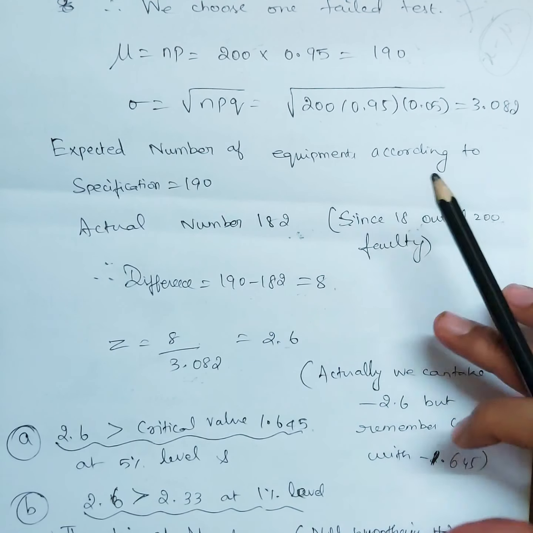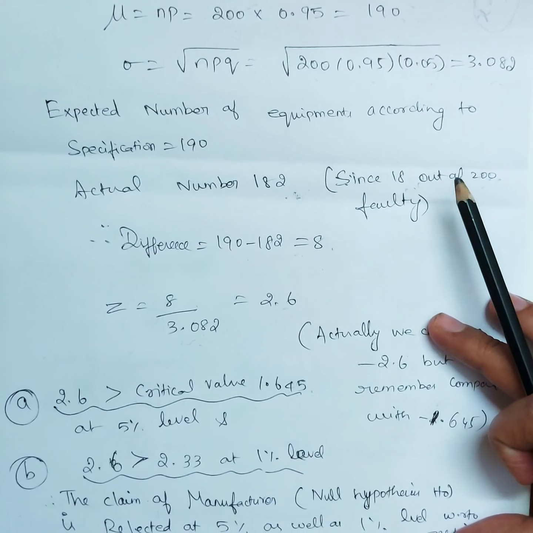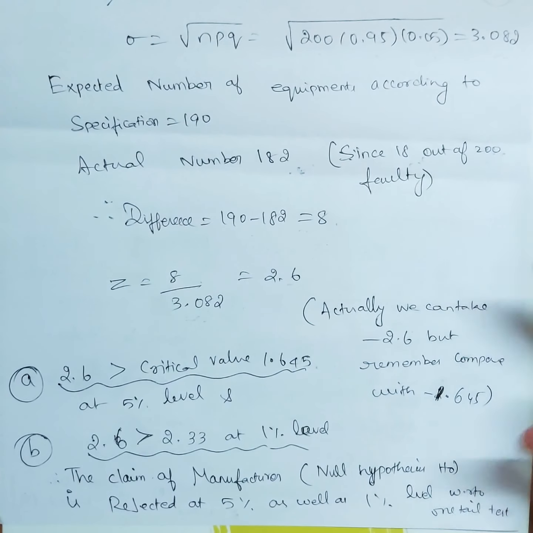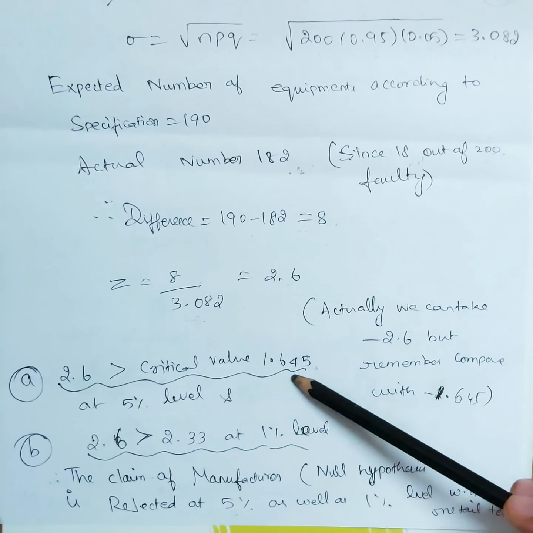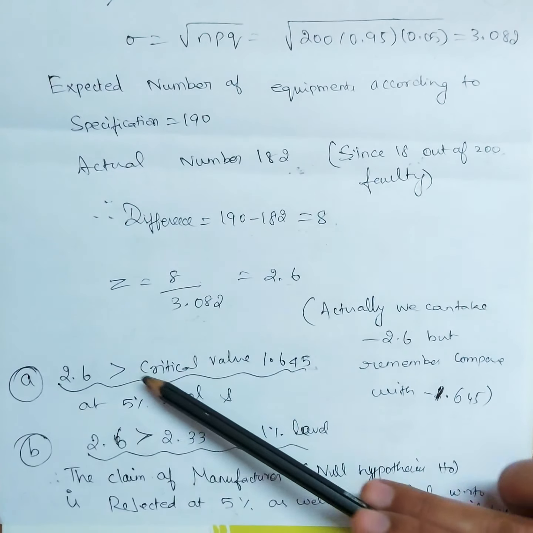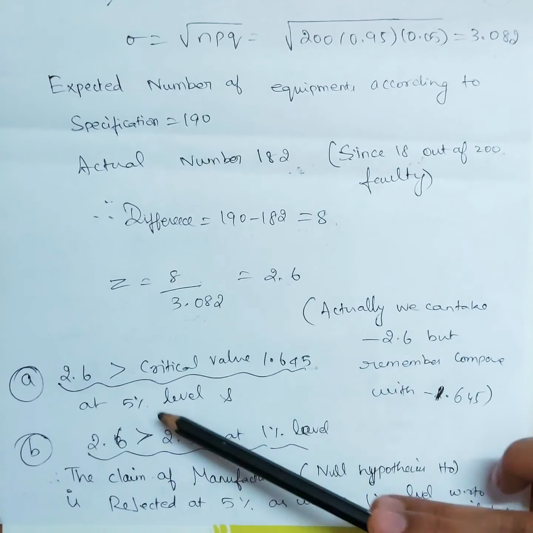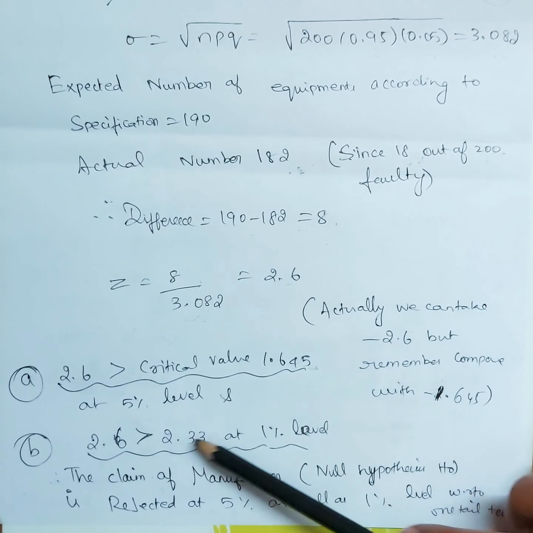This 2.6 is greater than the critical value 1.645, correct? So it goes outside the region. It is not correct at this 5% level. Let us see at the 1% level. What is the value that we have to compare?